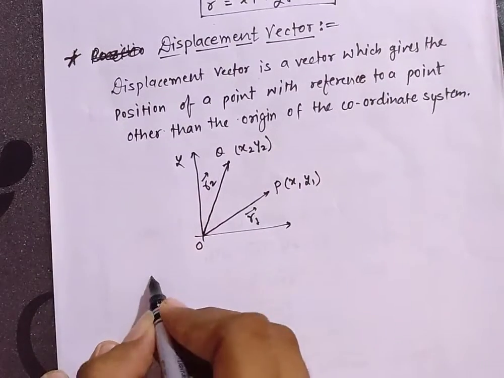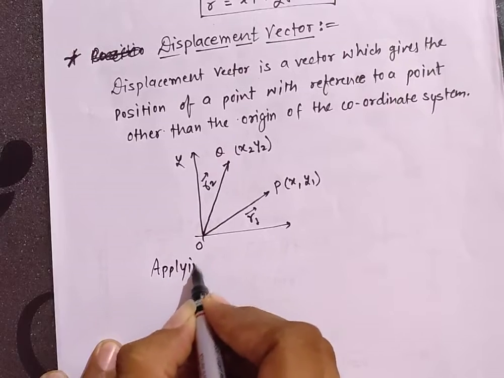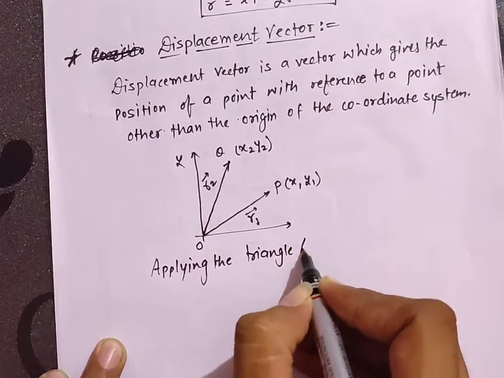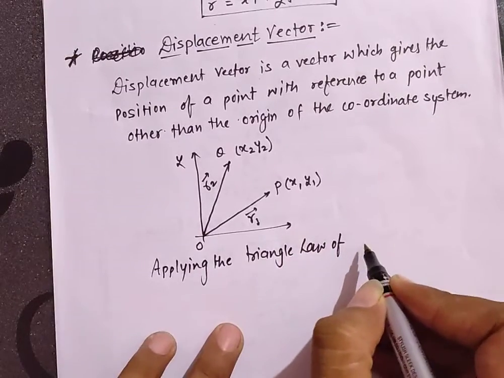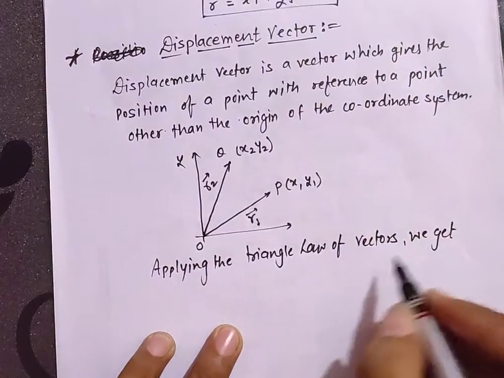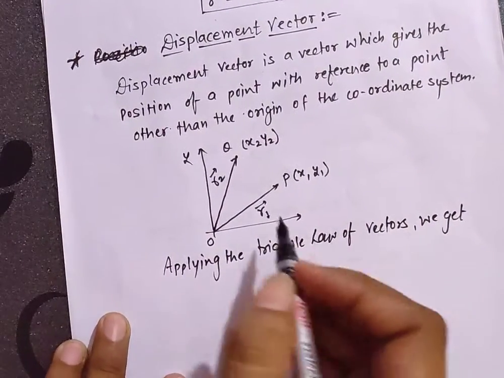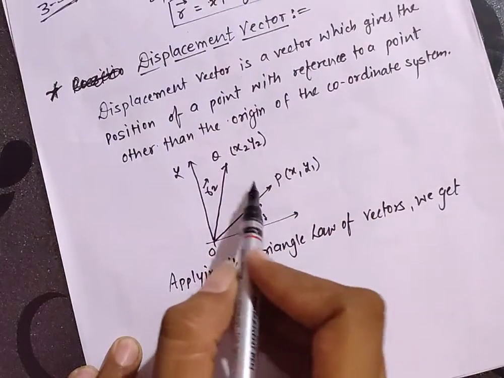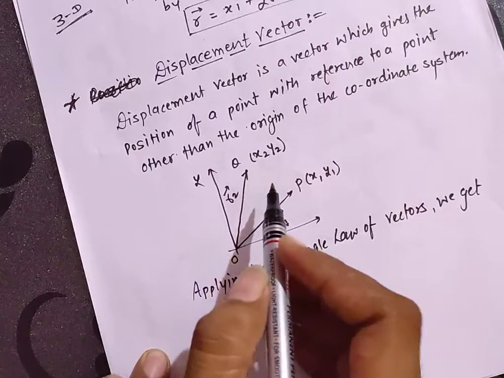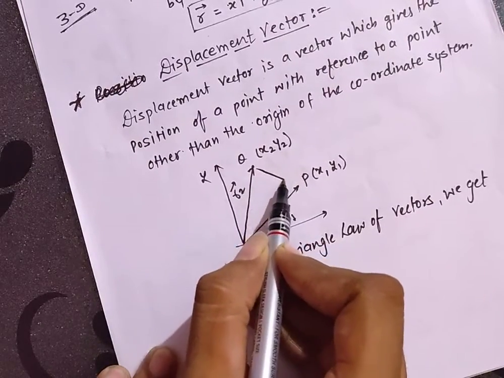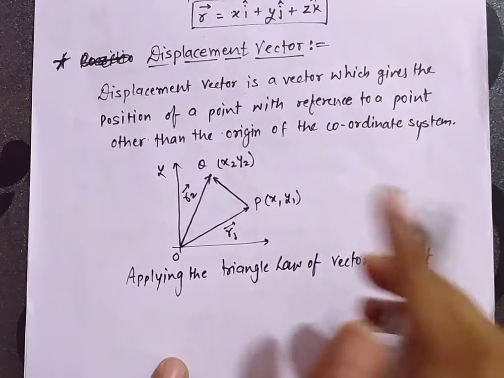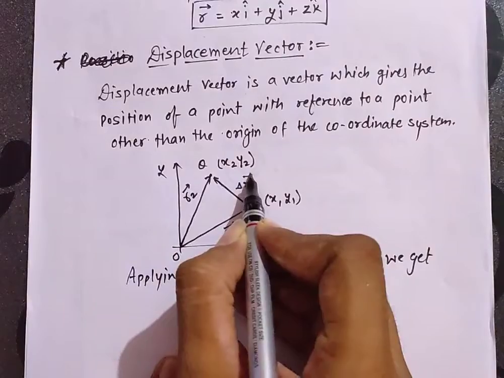Let's apply the triangle law of vectors. For finding the displacement vector for P and Q, we draw a vector in the closing side of this triangle represented by del r.